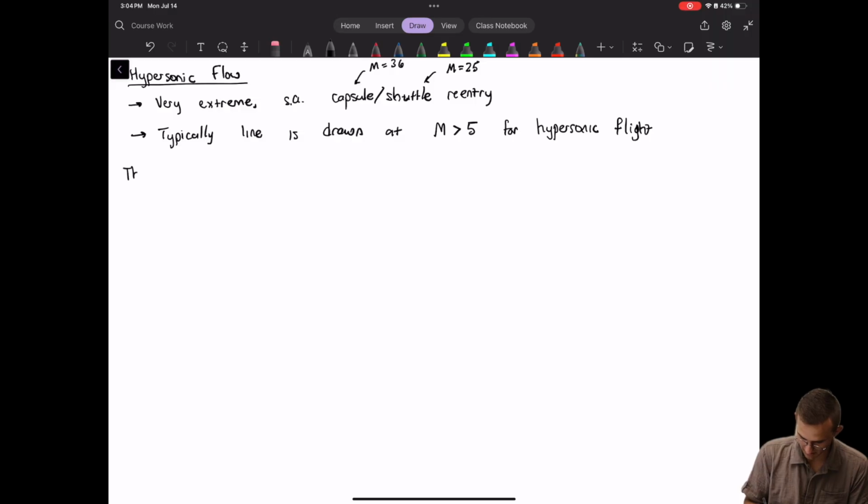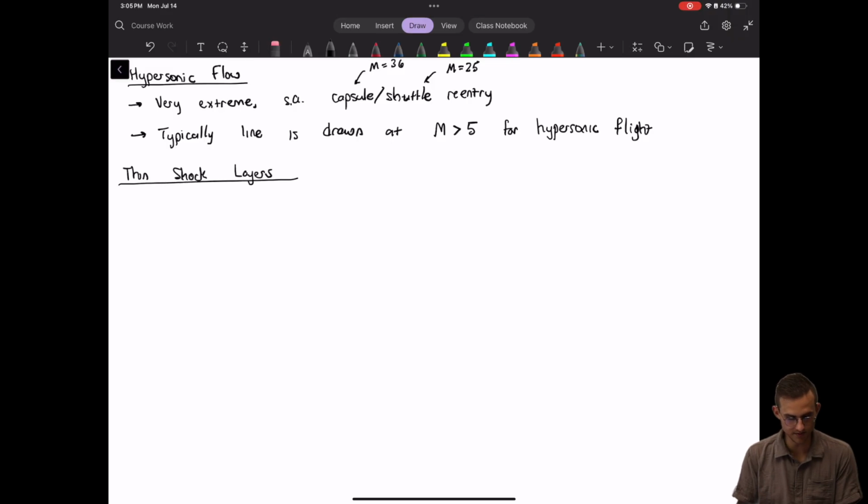But let's talk a little more about the actual details involved here. One thing that's typical of hypersonic flow is that we end up with shock layers that are very thin, and I'll describe what I mean by that.